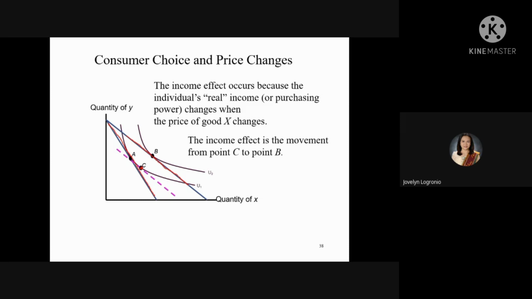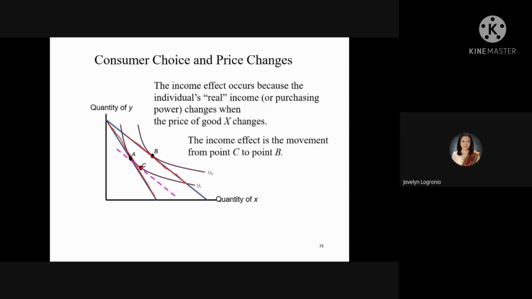So the movement from point C to point B shows that the quantity of good X further increases. From point A to C kanina, by the substitution effect, the quantity of good X increases.